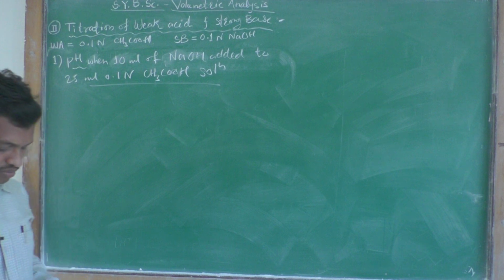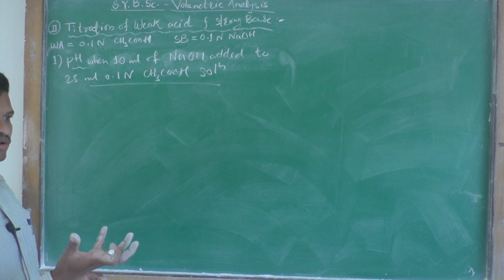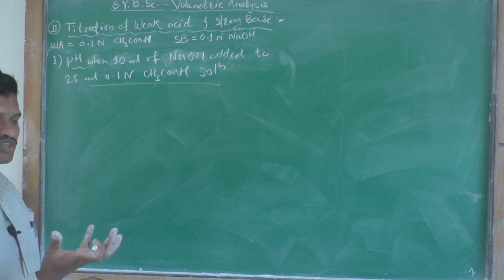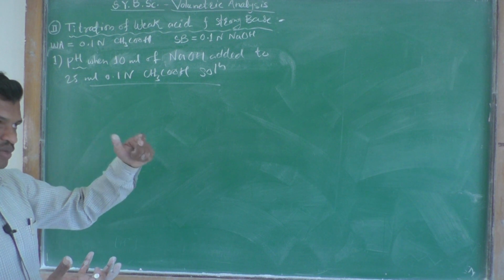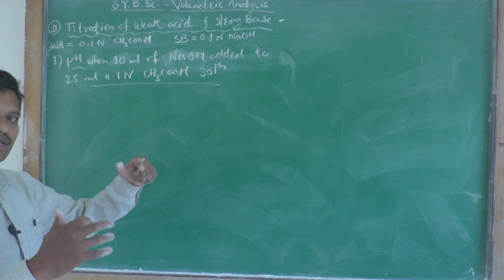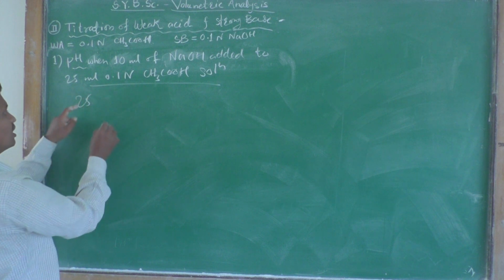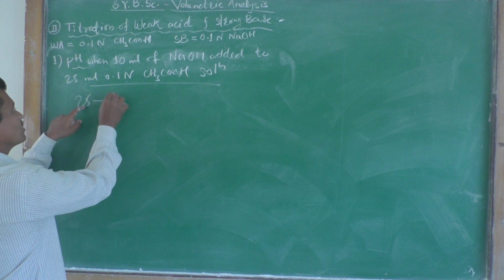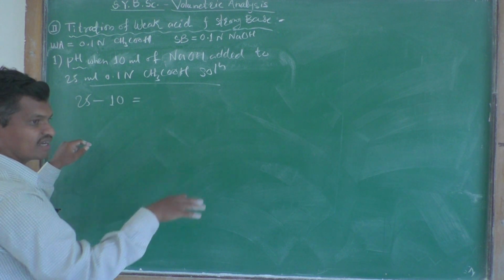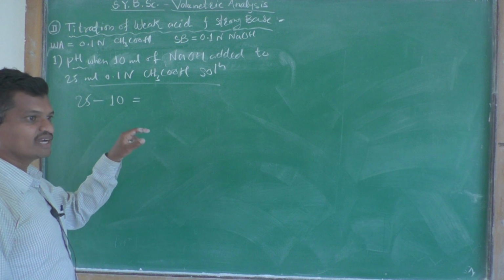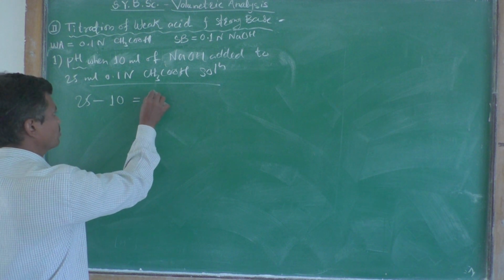Now consider here, at the start we have only acetic acid in our conical flask, it is 25 ml. From the burette we have added 10 ml of NaOH. So this 10 ml of NaOH will react with 10 ml of acetic acid. The acetic acid remaining unreacted in the conical flask will be 25 minus 10, and it will become 15 ml.